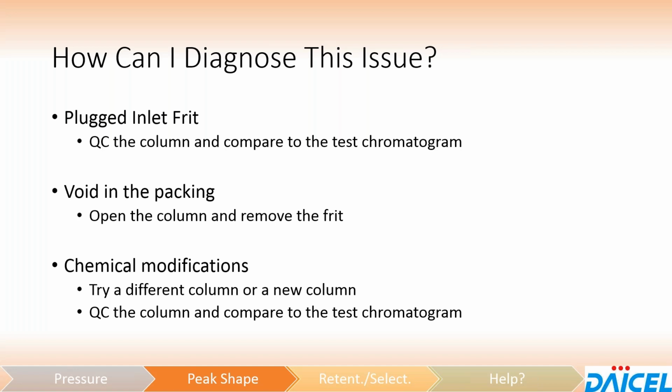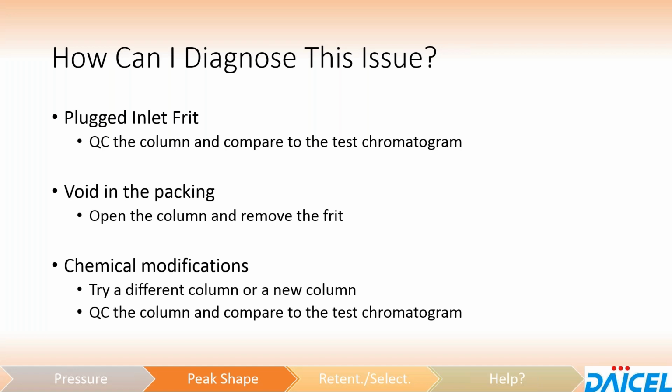If you were to transition to a new column that has not seen that analyte before, and it's directly related to that, you might be able to see a restoration of the chromatography. If it is not related to that, or if it's some other issue, QCing the column again and comparing it to the test chromatogram will show you for sure what it looks like versus when it was initially released from our site here.